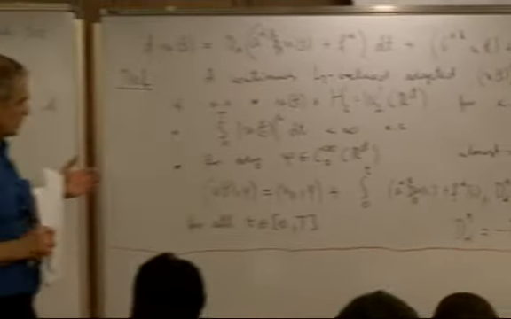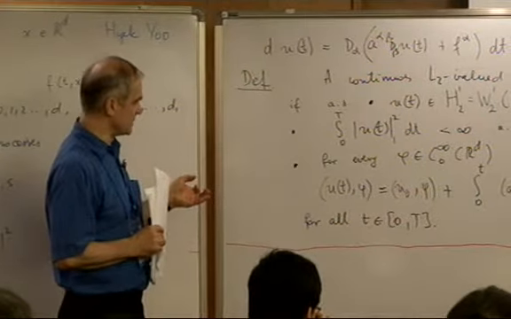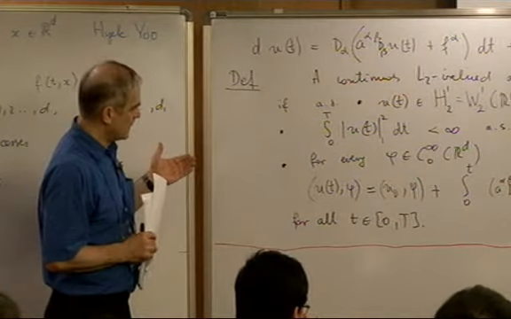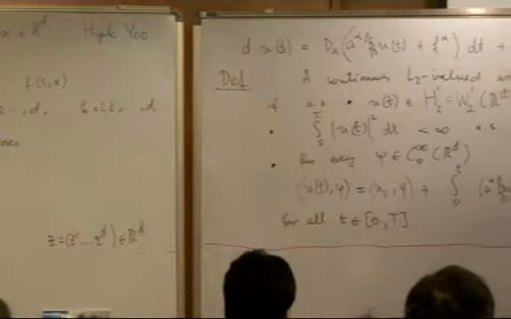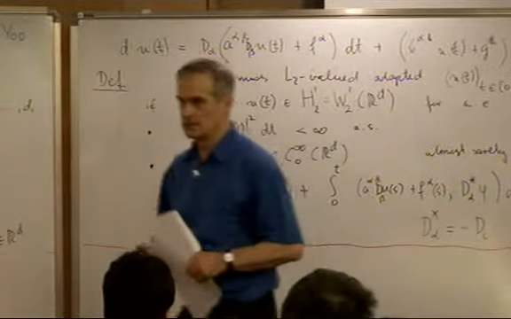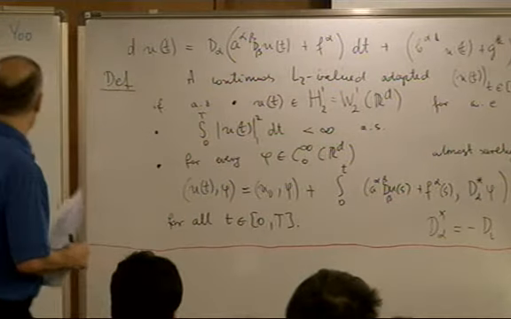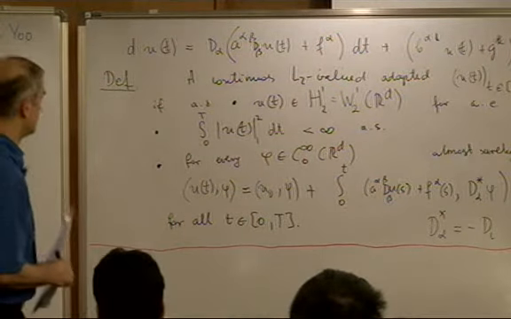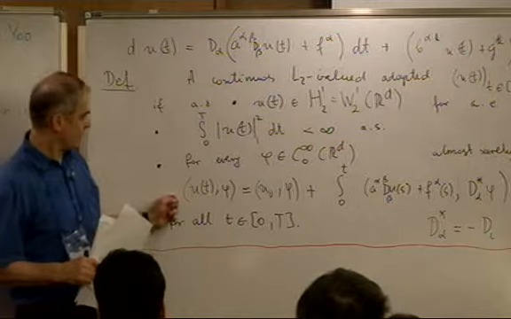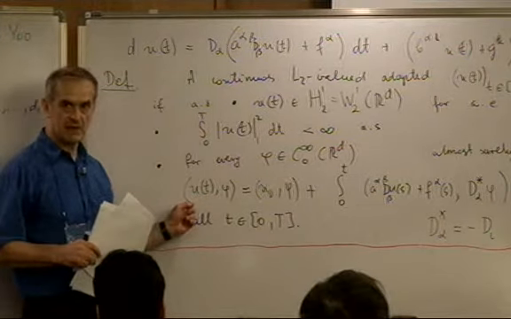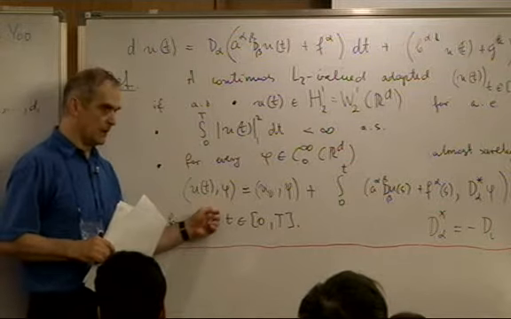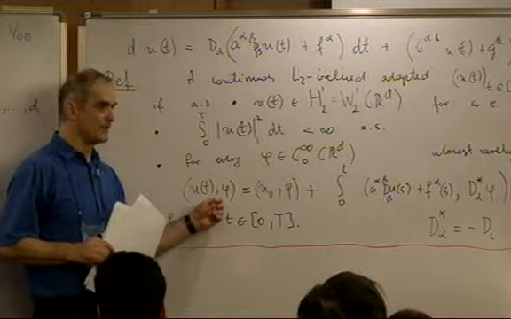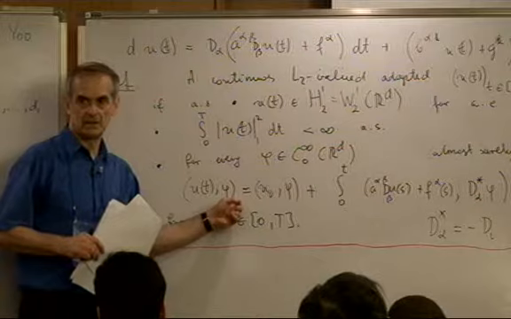That means that one gets a function which is W1 valued, no continuity property, and this relation is satisfied for each phi for almost every t and omega.